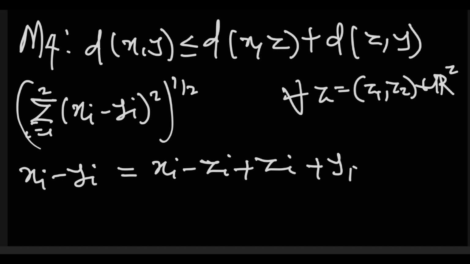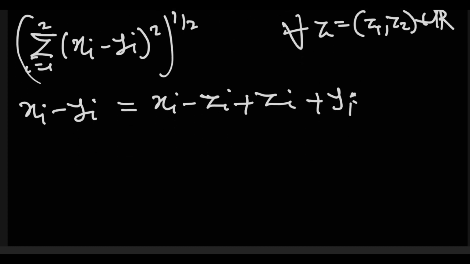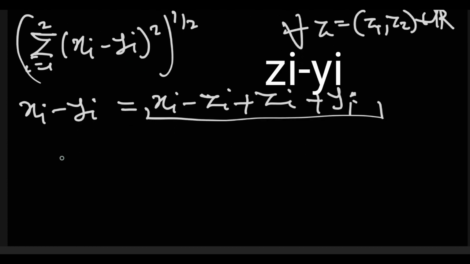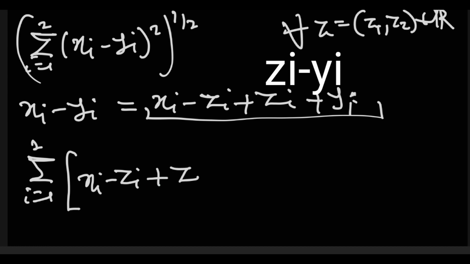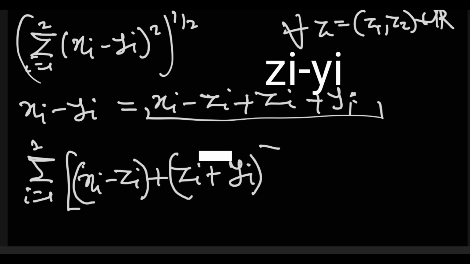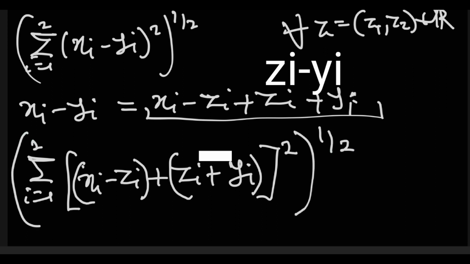So for all z in R2, z also has 2 components. Alright, so let's substitute this in our expression. So we have the sum, i equals 1 to 2, of ((xi minus zi) plus (zi minus yi)) all squared, everything to the power half.